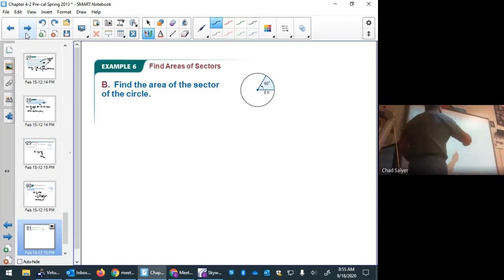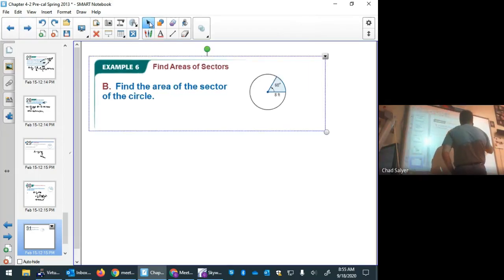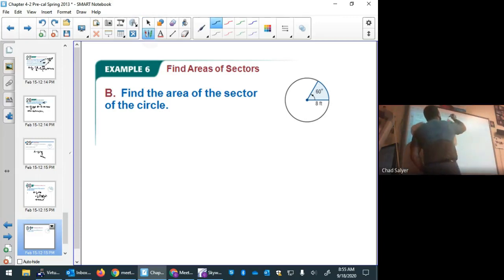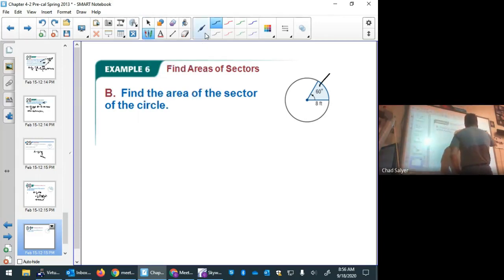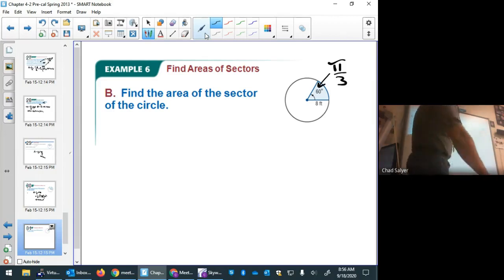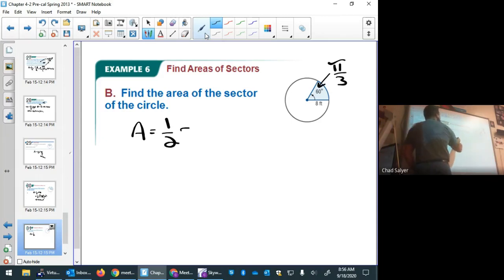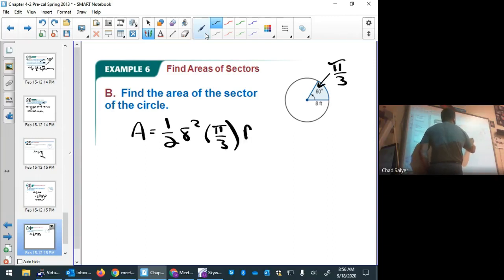All right, so here's one where they kind of throw a little curveball at us. We've got a degree measure here, but 60 is on a unit circle. I can convert that real quick. That's pi over 3 radians. So the area equals 1/2 times 8 squared times pi over 3. And that's going to be in square feet this time.